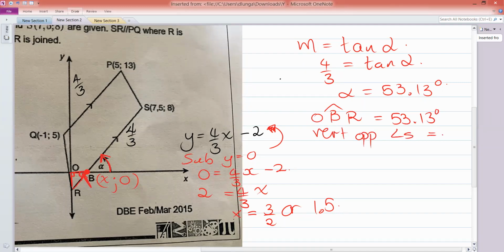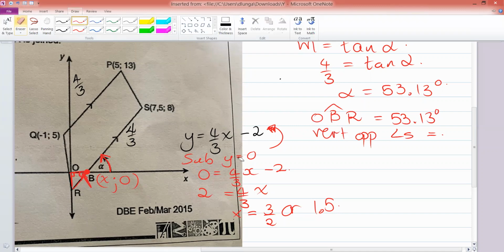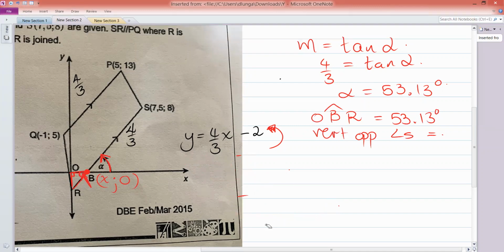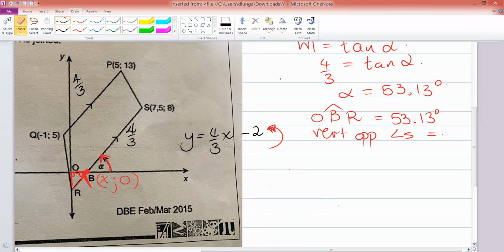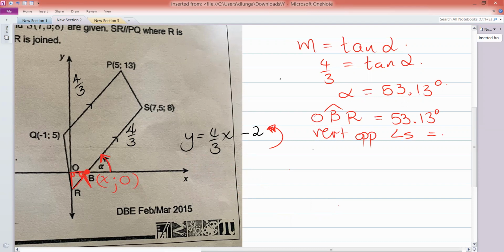Now, since I've just worked out that vertically opposite angle, I'm going to use sum of angles in a triangle to work out what ORB is equal to. So ORB is 180 minus 90 minus 53.13.